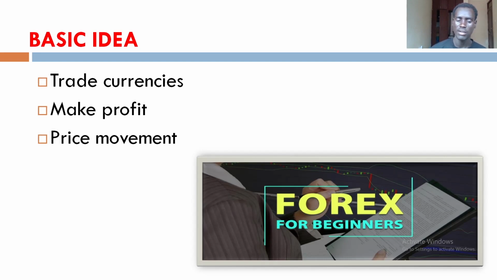And those currencies offer us a number, and I can say huge, profit opportunities. And because of that, Forex trading has a higher price movement due to the number of people who are participating in this business.